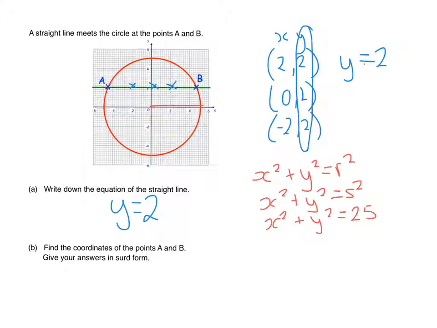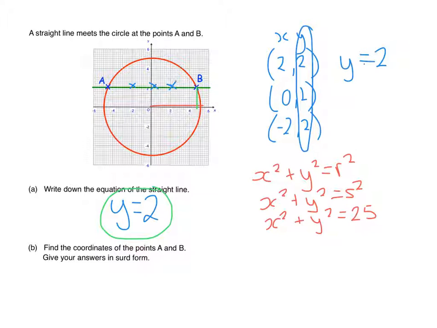Now I'm effectively solving 2 simultaneous equations. I want to know what the x value is, so what is this value, when y is 2. So obviously we've got the equation of the straight line, y is 2.